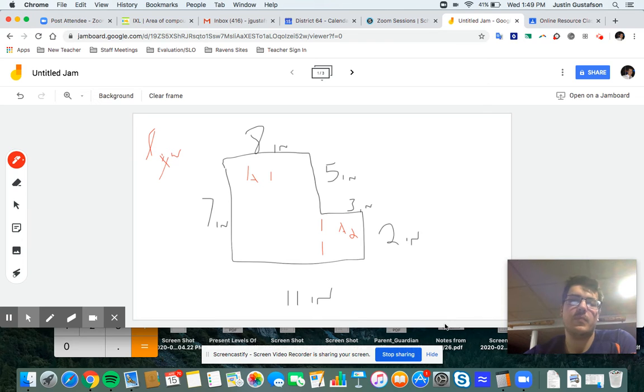Okay, so let's find the area of area 1. Okay, so when it's a rectangle, my lengths and widths are going to match. So although it's 5 over here, remember I have this dotted line on this side. Okay, so if it's 7 for this whole length, then that's going to be 7 here. We could think of it in a few different ways. 5 plus 2 equals 7, or I could look here and I could have the 2 there because they're congruent or they match, right?